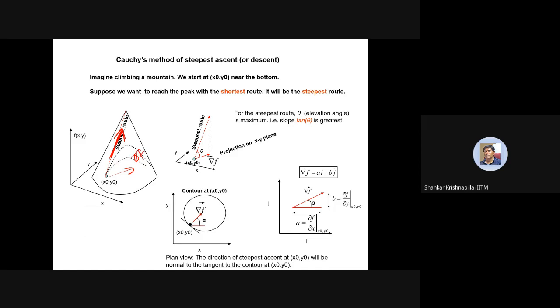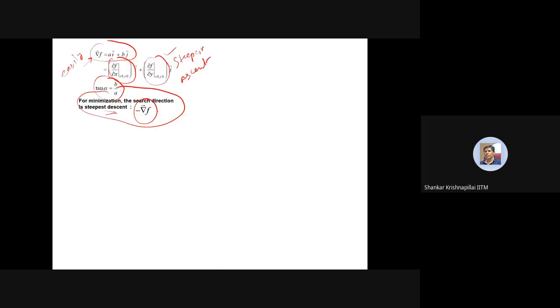For minimization, it is steepest descent, so del f will be in the opposite direction. So this is plus del f, this is minus del f. Minimization is in the direction of minus del f. So you have to take minus del f, so you have to find minus of partial f by partial x and minus of partial f by partial y.